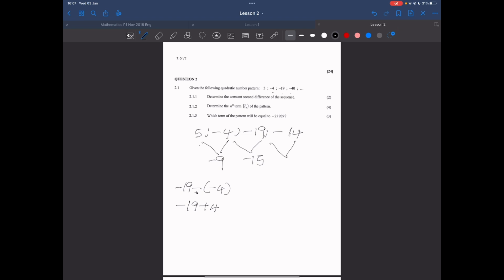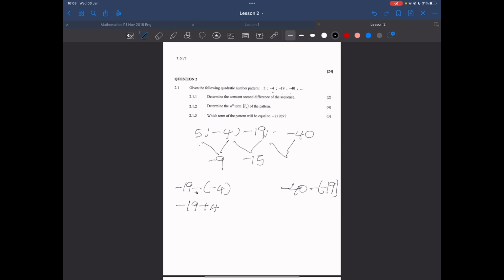Same story applies here. It's -40, not 14, but -40 minus a -19.